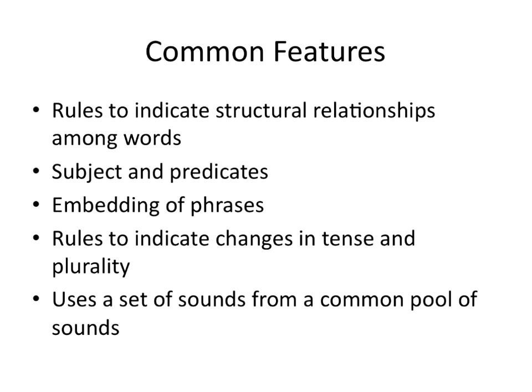So the common features of all languages: all have subjects and predicates. All languages have some type of embedding of phrases. Like the girl who is pretty walked to school. Who is pretty would be the embedded phrase. All languages have rules that change in tense, like future tense, past tense, change in plurality.